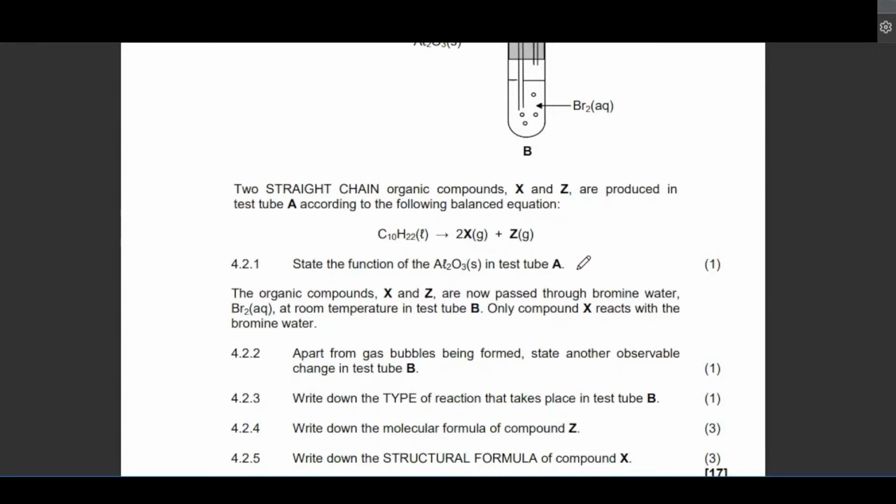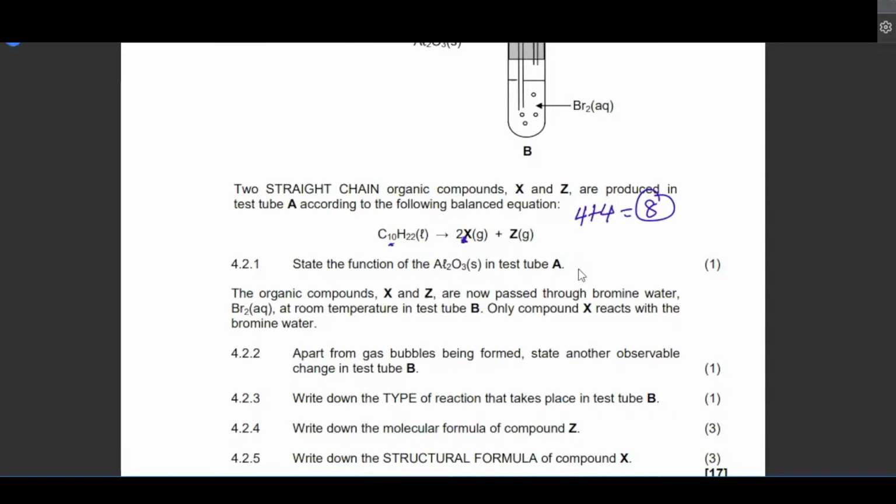Okay, let's use this idea of you saying that 2X. So it means that I'm going to have 2X, then 4 plus 4 gives me 8.